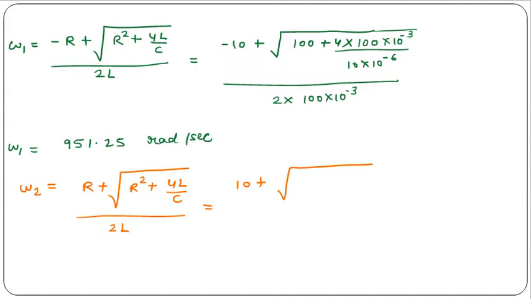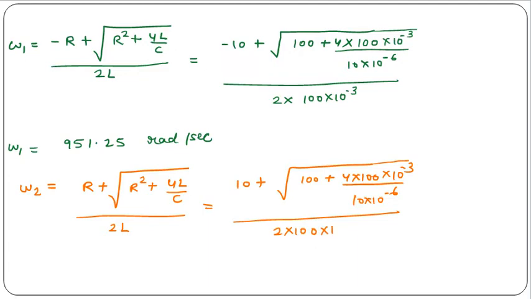Then we have 100 plus 4 into 100 into 10 to the power minus 3 divided by 10 into 10 to the power minus 6, divided by 2 into 100 into 10 to the power minus 3. So this will be equal to 1051.25 radian per second.